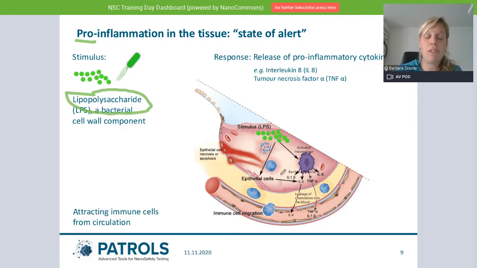In vivo, such a state also attracts immune cells from circulation so that they come to the site of infection, so in alveoli. As I said, in vitro we can also use this tool, and if we apply the stimulus LPS, and if we're lucky, then our model will respond to it by showing pro-inflammation specific characteristics.